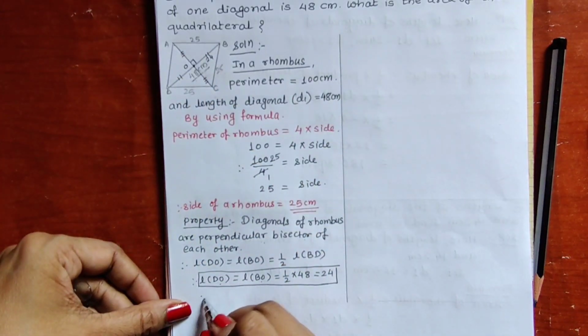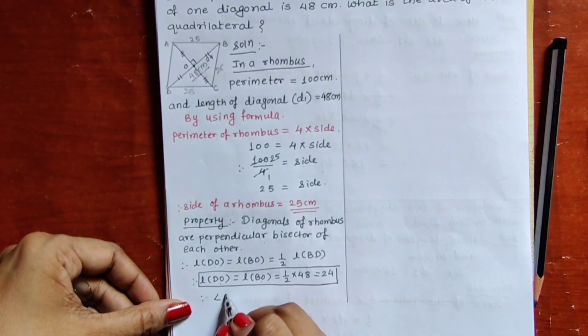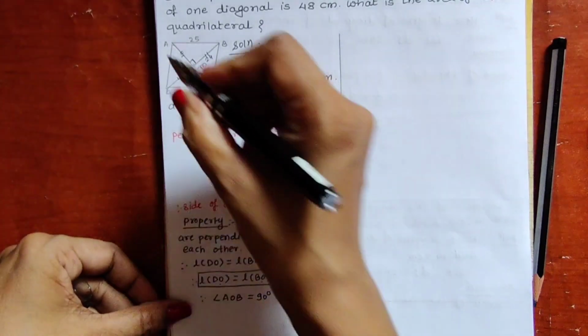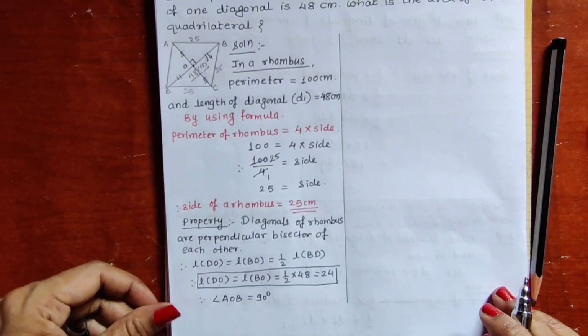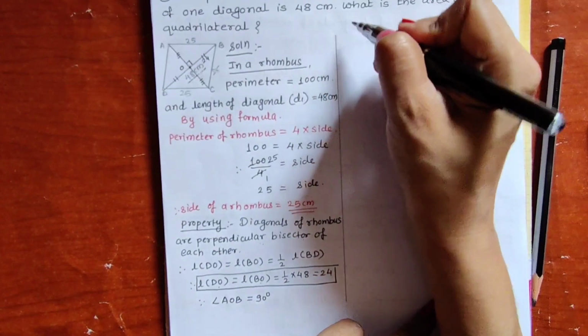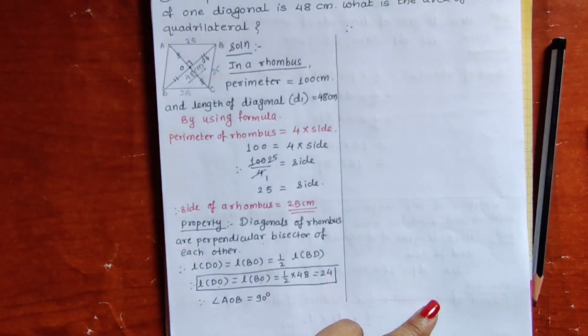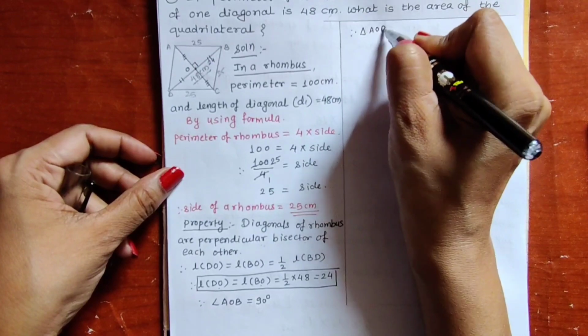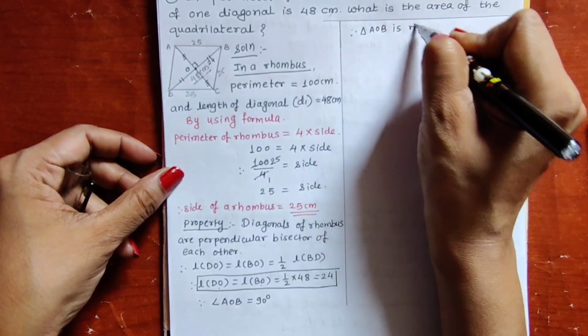Here I will be writing angle AOB is equal to 90 degree. Therefore triangle AOB is a right angle triangle.